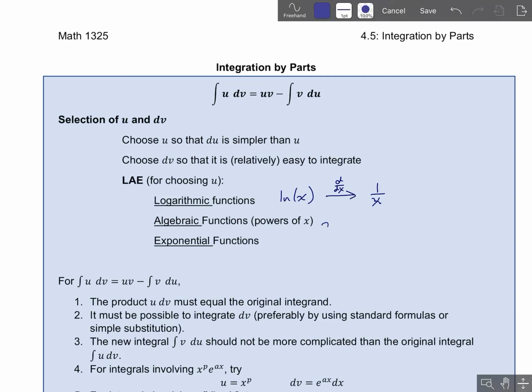And similarly, algebraic functions get nicer whenever we take a derivative because their power diminishes. So if I take the derivative of 2x, it's just going to become a constant, which is 2, and that's a little easier to deal with. Exponential functions don't really become much simpler whenever we differentiate them. So that's why they're last on our list of selections for u. So we want u to be something that is simplified whenever you take a derivative of it.